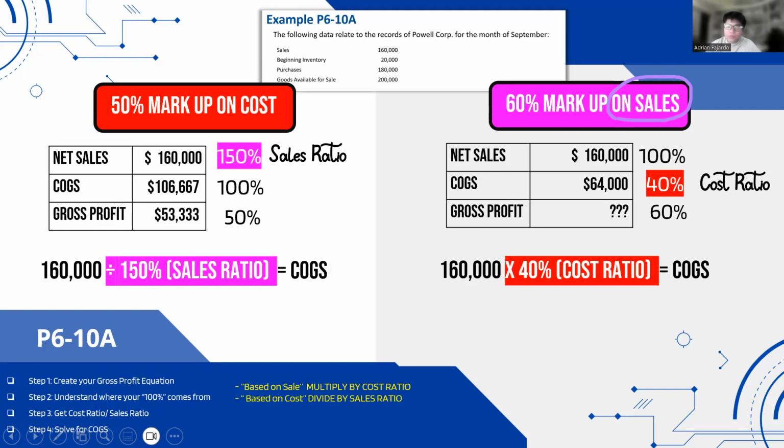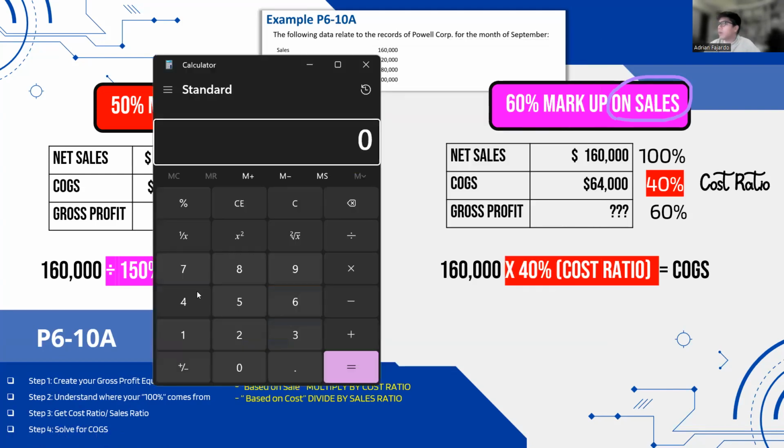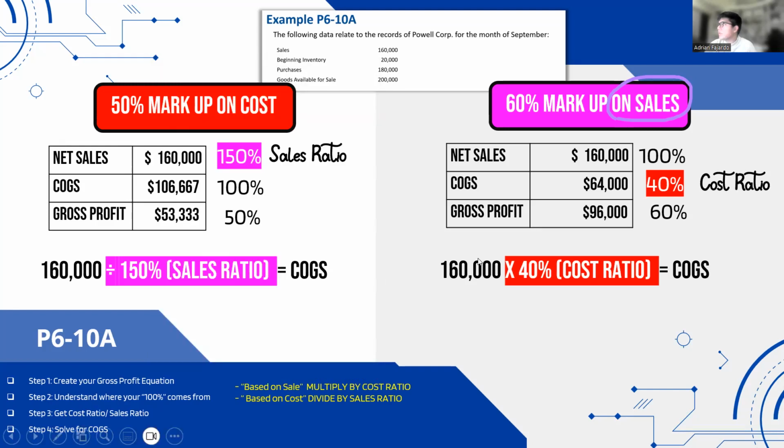So to prove, 160,000 times 40% or 0.4 is 64,000. And therefore, ang gross profit natin is 160 minus 64 is equal to 96,000.